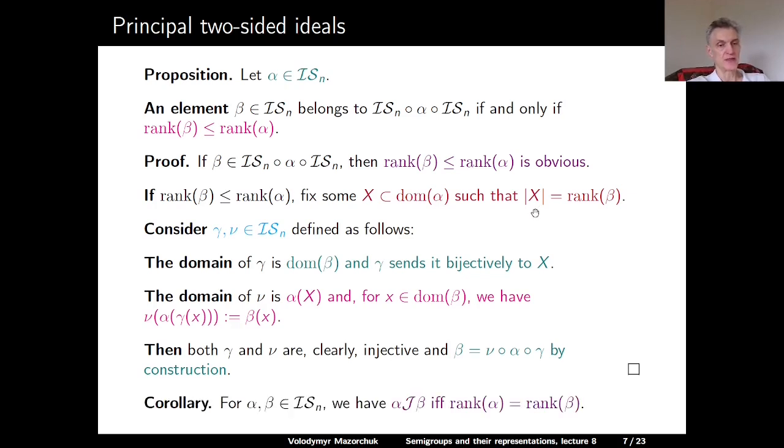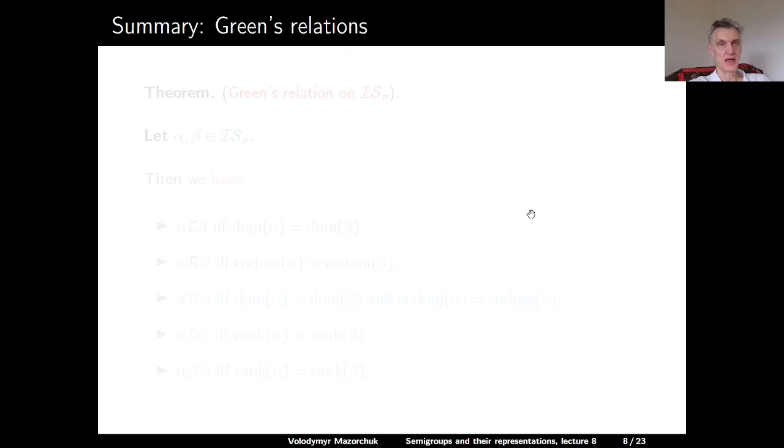The corollary is that if you have two elements in the symmetric inverse semigroup ISN, then they are J equivalent if and only if they have the same rank. So now let's summarize Green's relations on ISN. Let alpha and beta be two elements in ISN.